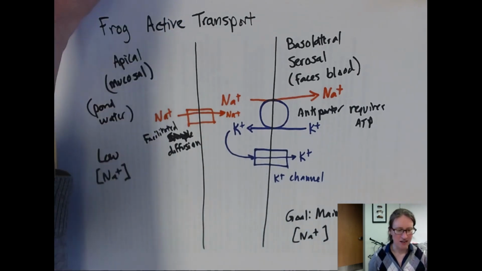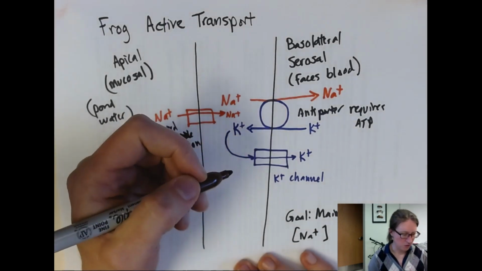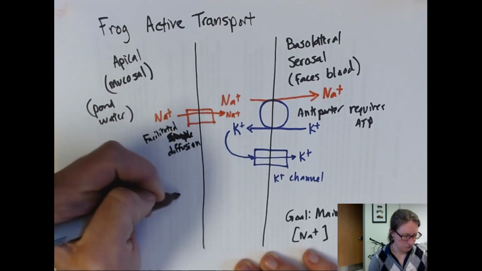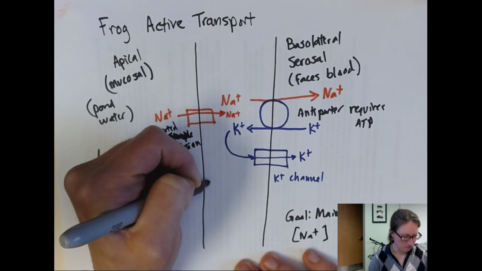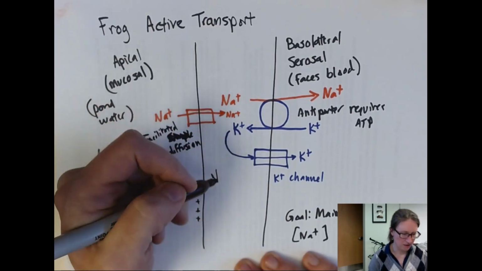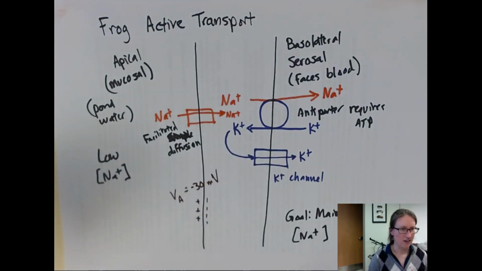So at the apical surface, what this translates into is a membrane voltage, we'll just call this VA, of negative 30 millivolts, right? So generally net positive charge outside of this membrane and a net negative charge inside of this membrane.